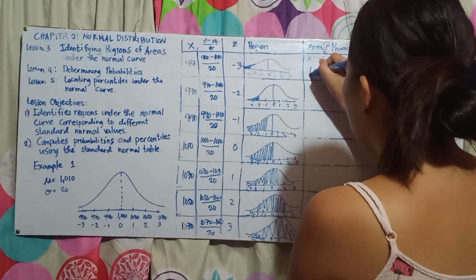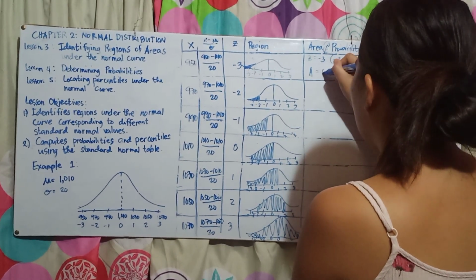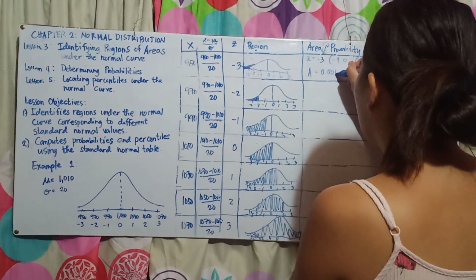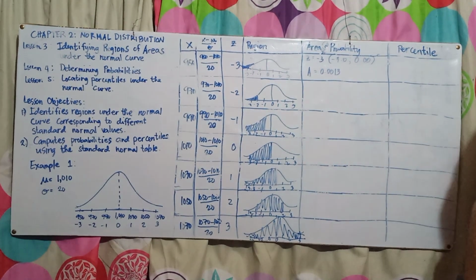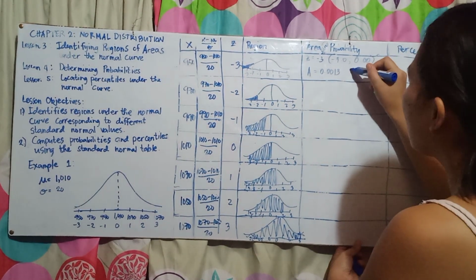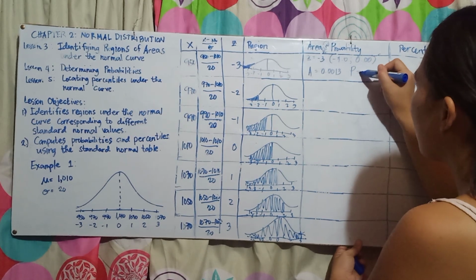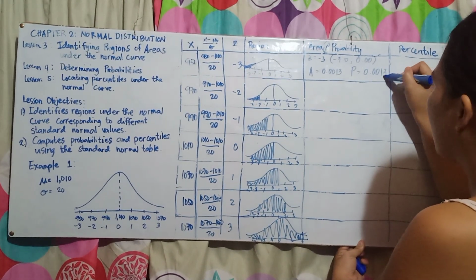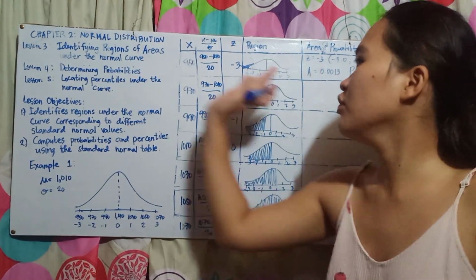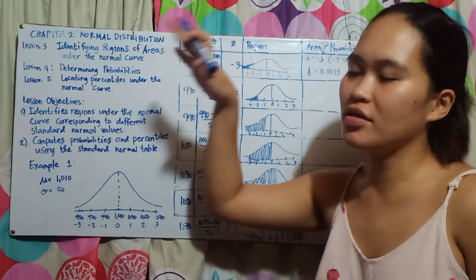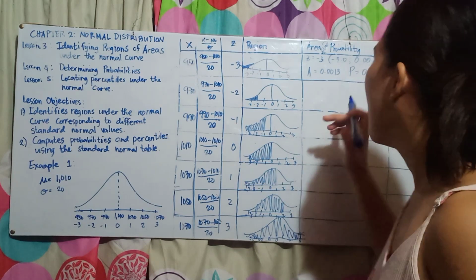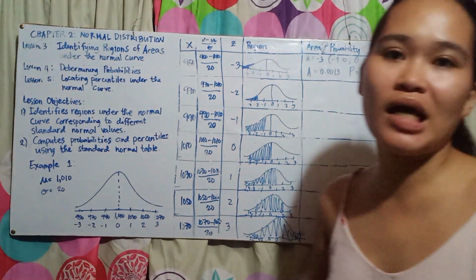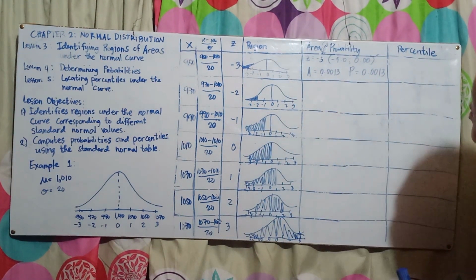So, ang area is 0.0013. So, same ang probability. Same lang yapon na. 0.0013. Pag ang region is padulong dito tanan, padulong sa left, ang area or probability, same lang iyahang answer.